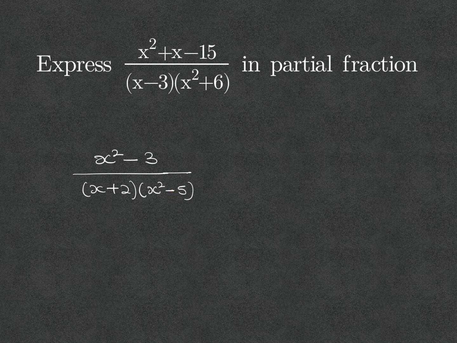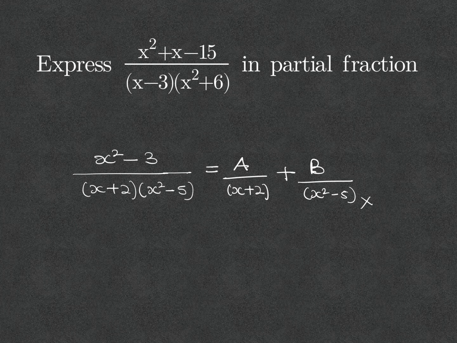Then the way we're going to solve this is we're going to have a all over x plus 2, this is a linear function, so we have no problem with it. Plus, for this x squared minus 5, we cannot say b all over x squared minus 5.